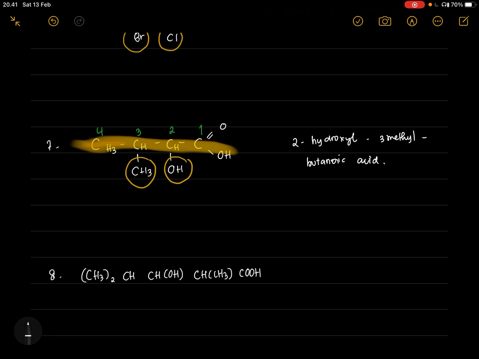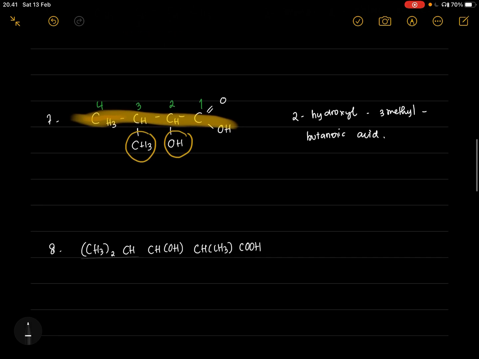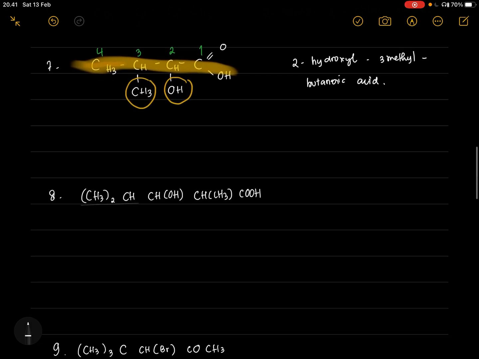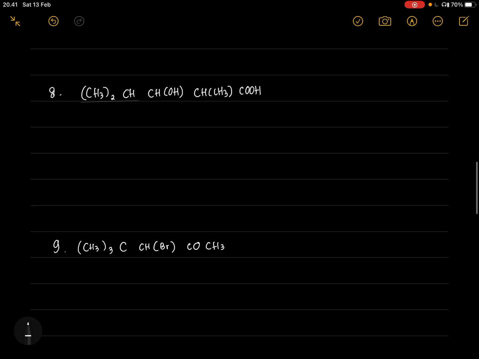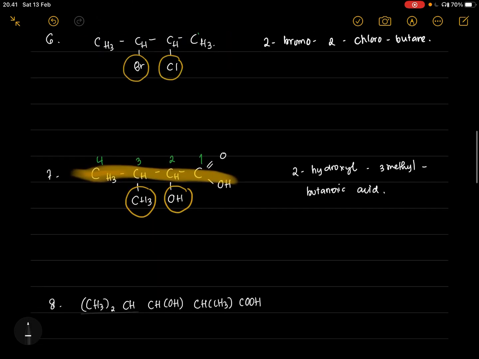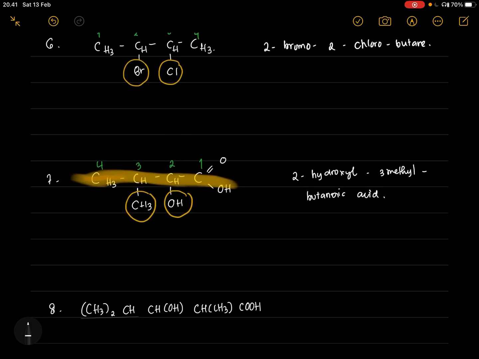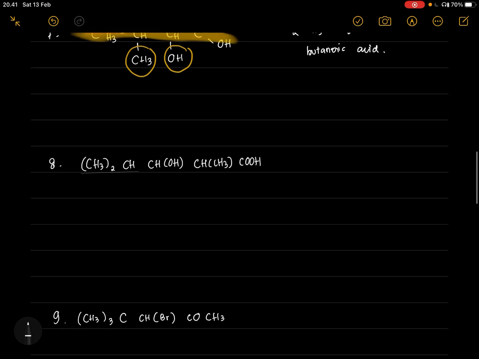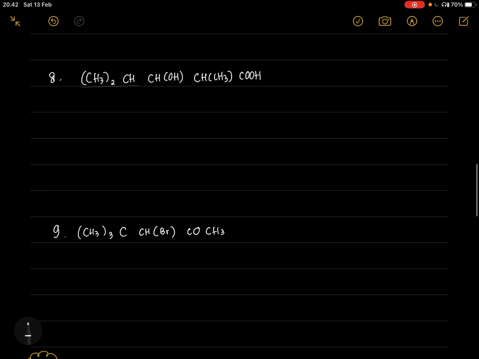Okay, that one. Next, I think it is easier if you are naming based on the carbon chain that has the bond. Now, for example, if you are given the structural formula as shown in number 8, followed by number 9 and so on, you have to open up the structure if you cannot imagine it.